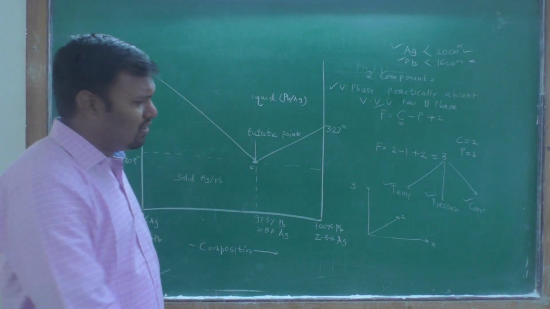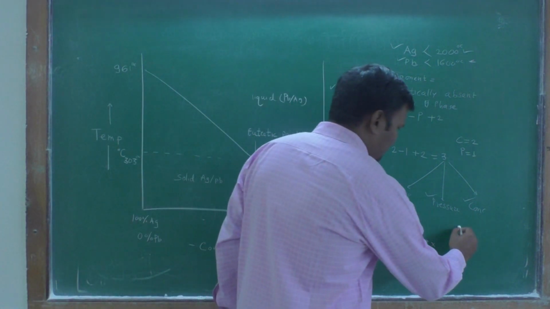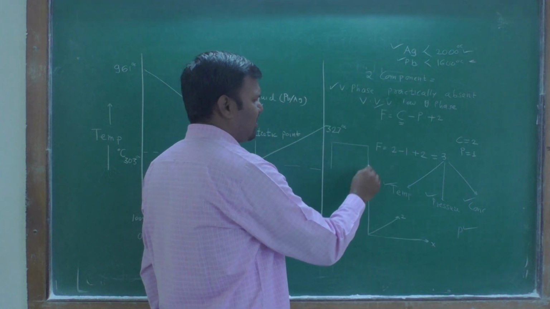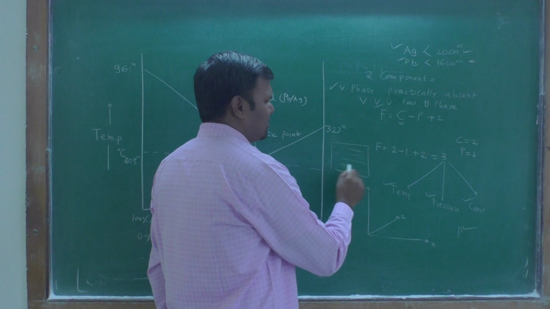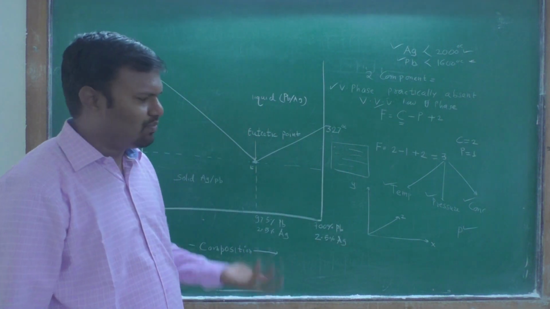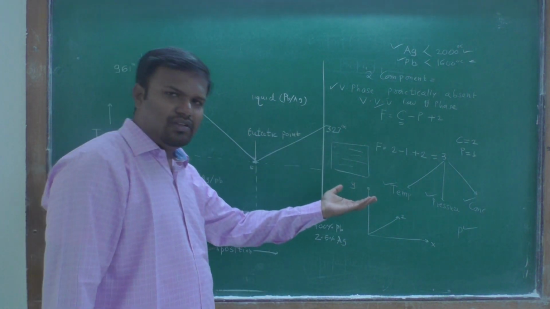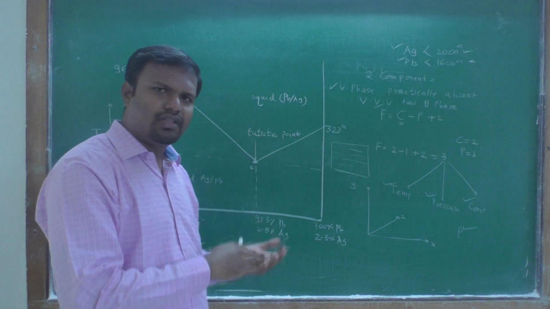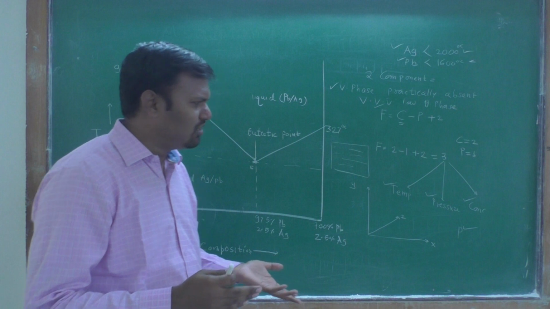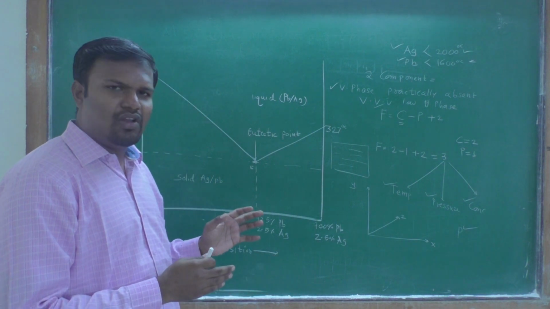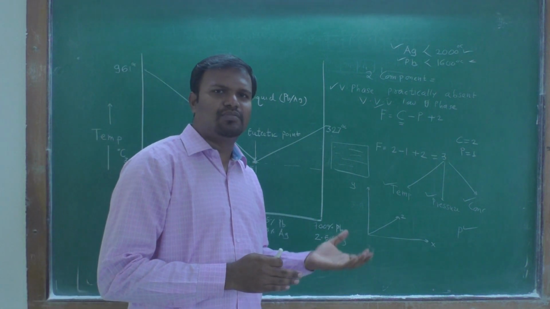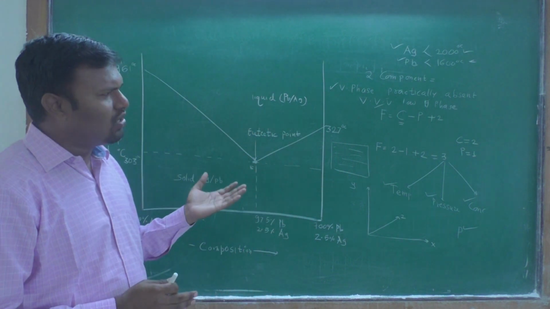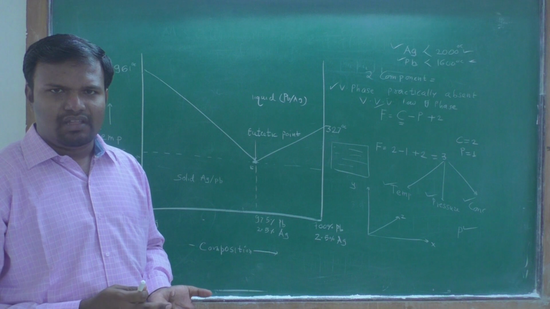Therefore, when you consider the pressure, gas is strongly affected by the pressure. If you compress, the gas volume is changed. If you expand, the gas volume is changed, but pressure does not affect solid or liquid phases as much as it affects gases.